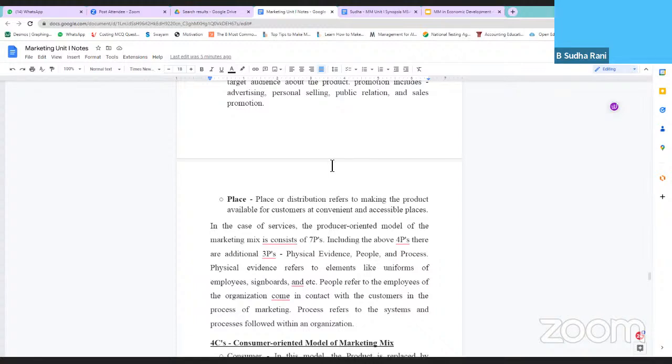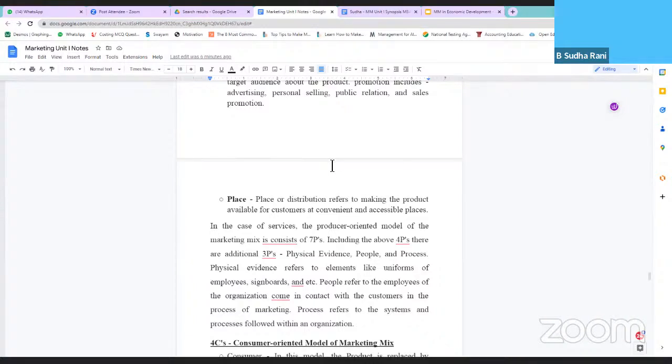So place is the one which provides distribution of products to the customers at convenient and accessible places. In this process of distribution, there are various methods and intermediaries involved. About this again, we will learn in detail in our forthcoming topics.